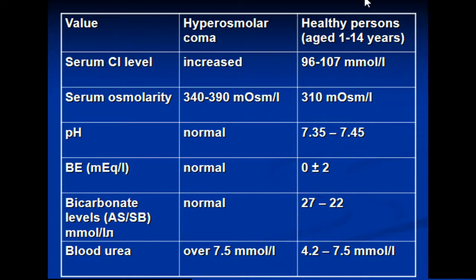Serum osmolarity also increased, 340 to 390 milliosmol per liter. pH is normal. Buffer capacity is normal. Blood urea over 7.5. Blood urea normal 4.2 to 7.5.